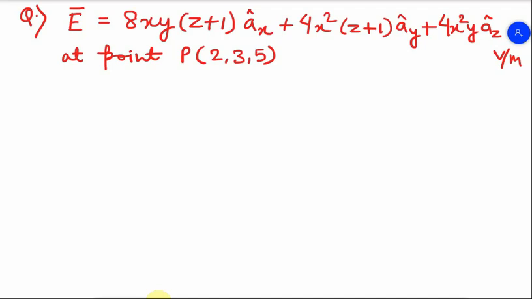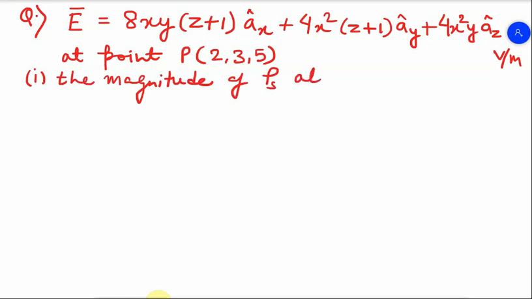So the first question is to find the magnitude of rho_s at point P, which is given as 2, 3, 5.